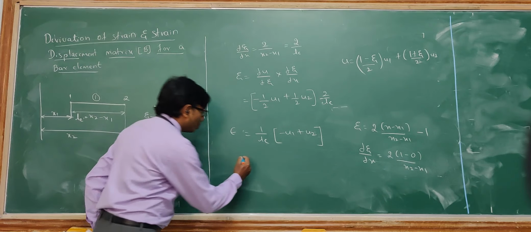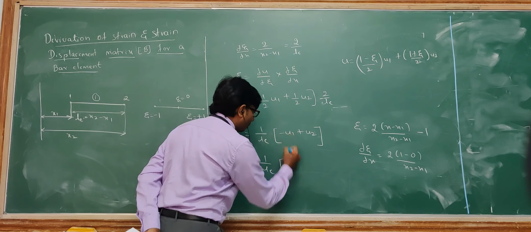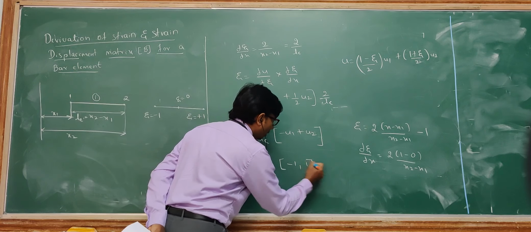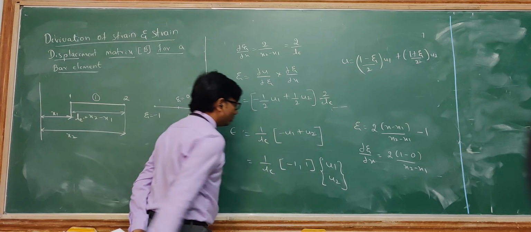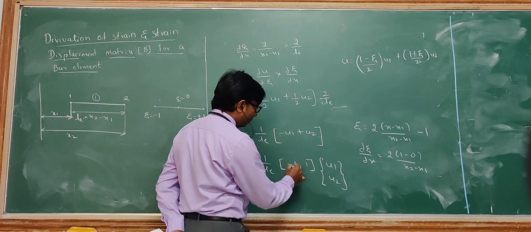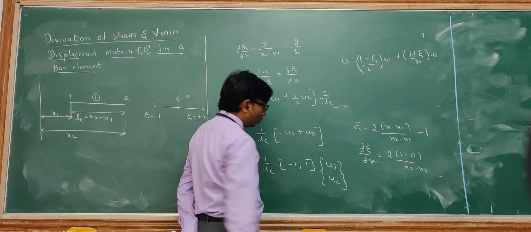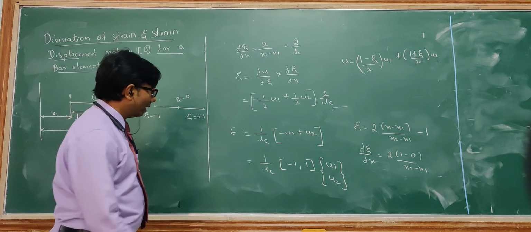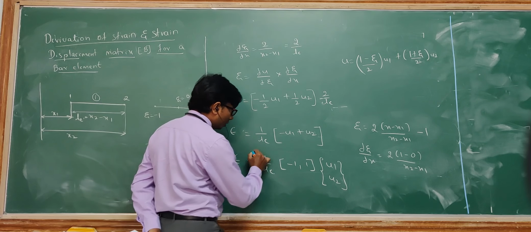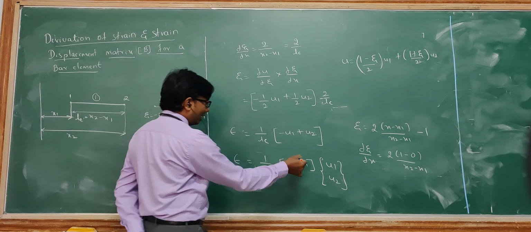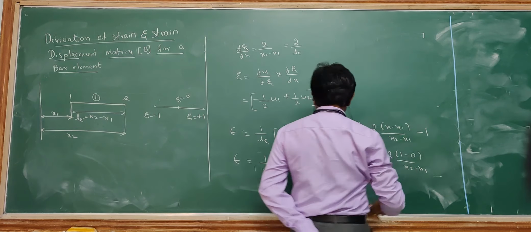This will be 1 by le, and I take this as the matrix minus 1 comma 1, multiplied by u1 u2. If you multiply them, minus 1 into u1 will be minus u1, plus 1 into u2 will be u2, so you get this equation. This parameter, 1 by le minus 1 1, I will designate as a parameter called B.